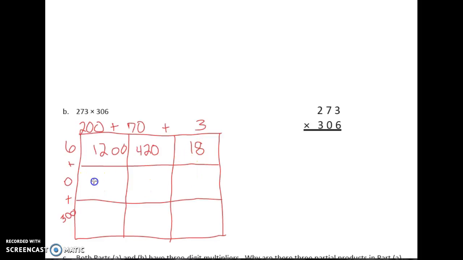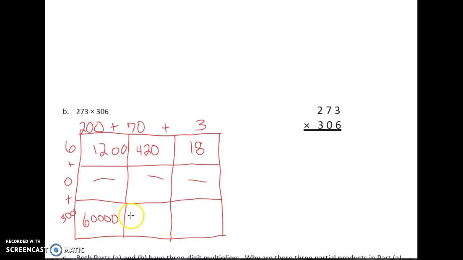And now let's go to this column. We could just make lines in here because there's really nothing there. And then we think 3 times 2, and we know we're going to get a 6, and we have 4 zeros. 1, 2, 3, 4.